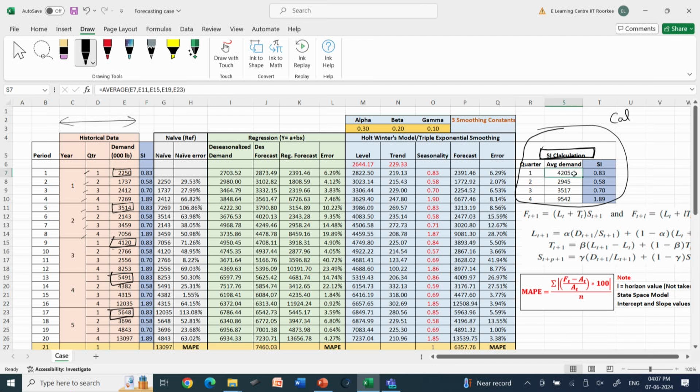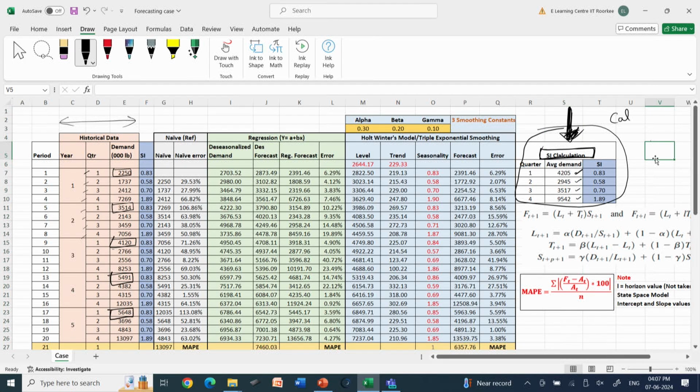If you see the formula bar, it is the average of E7, E11, E15, E19 and E23, which I have encircled just now, and that average is coming to 4205. Similarly, we have calculated the average demand for quarter 2, quarter 3 and quarter 4, which you can see in this particular column where average demand is given.